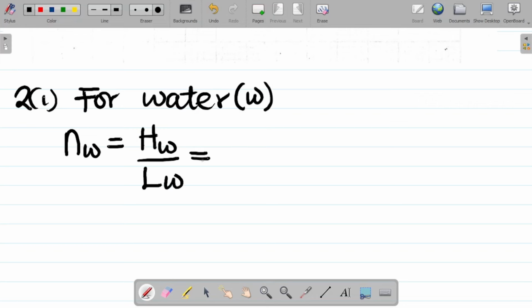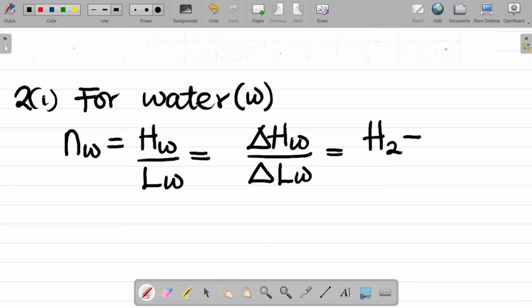And my formula will actually be the change in h of water, that's the real depth of water, all over the change in the apparent depth of water. My formula here becomes h2 for water minus h1 for water, all divided by L2 for water minus L1 for water.